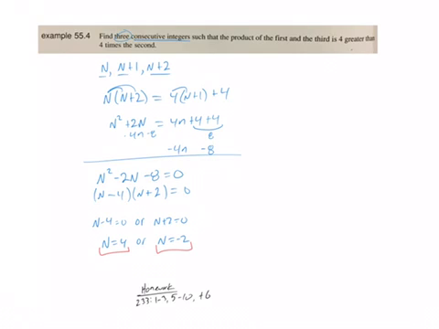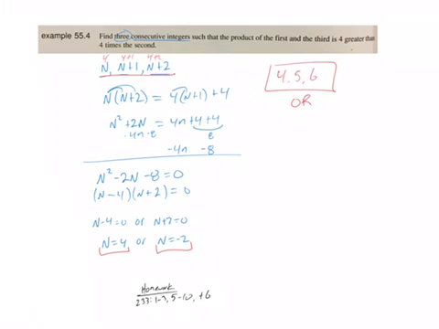Since we end up with two answers, there's actually two different possible answers to this. The first one would be 4, 5, and 6, because that'd be 4, 4 plus 1, and 4 plus 2. That's how I got the 4, 5, and 6. So there's one answer.